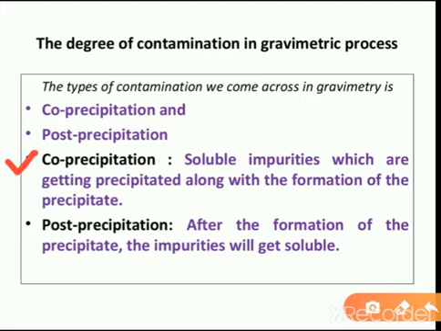Co-precipitation means soluble impurities get precipitated along with the formation of the precipitate. In post-precipitation, the impurities get precipitated after the formation of the precipitate. So this is called co-precipitation and post-precipitation. We will discuss in detail.